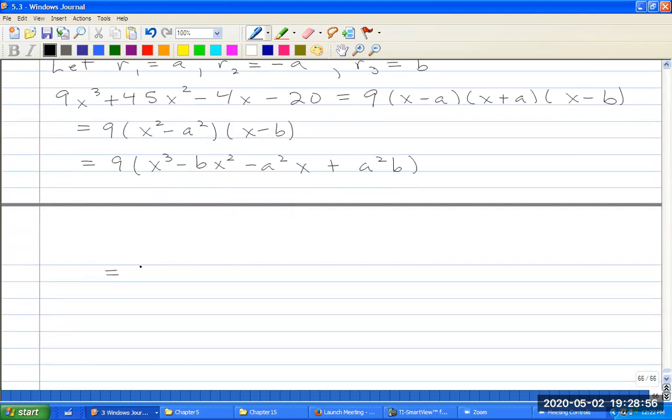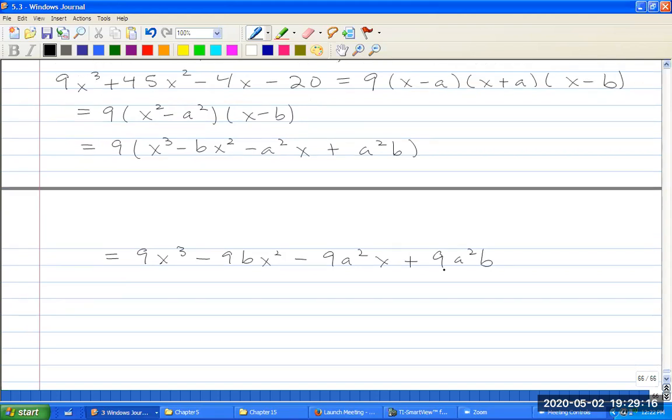So this is equal to 9x cubed minus 9bx squared minus 9a squared x plus 9a squared b. Okay, so equating coefficients, 9 is equal to 9, so that doesn't give me anything. But negative 9b is 45, and so from here, b is negative 5.